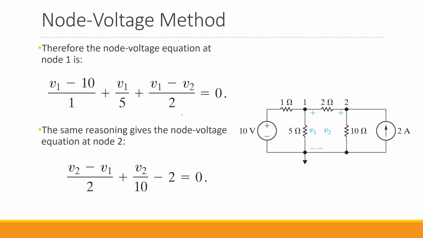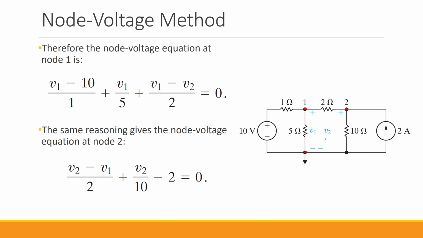So these are the two equations that we need to have. Let's just go over them one more time. We find all the essential nodes. We consider the essential node with the most number of branches as the reference. And we define our node voltage variables as the voltage rise from the reference node to each one of those individual remaining essential nodes.